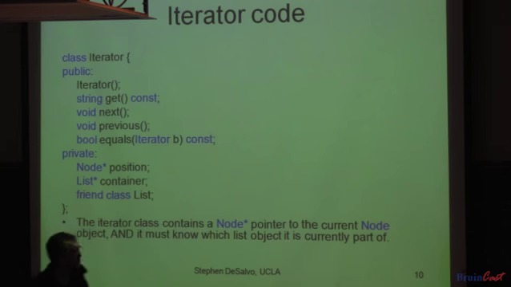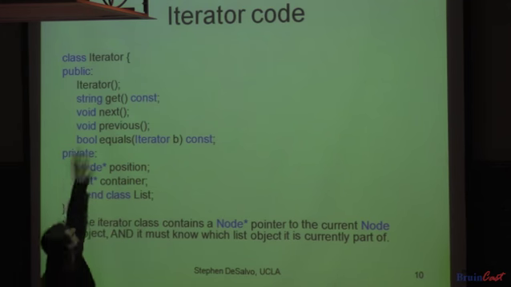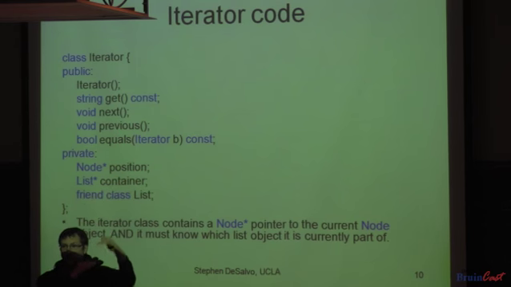What I've seen a lot of times is all of the friend statements at the top of the class, right after the line class iterator, without a public or private before it, just listing all the friendship relations. By default, that's in the private section, but it doesn't matter one way or the other.